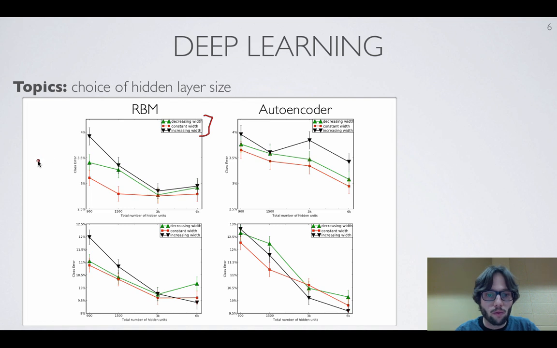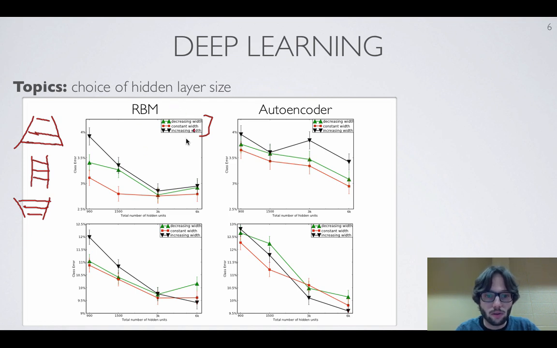One where we would, as we go deeper, decrease the number of hidden units, so decrease the width of the hidden layers. So decreasing width would be a hidden layer kind of like this, maybe. And constant would be the same number of hidden units in each hidden layer, and then increasing would be more and more hidden units as we get closer to the output layer.